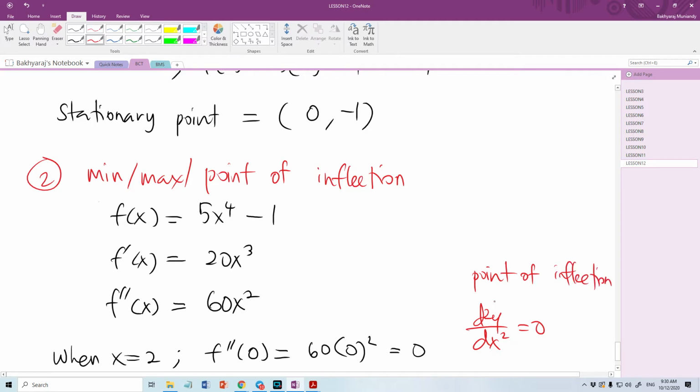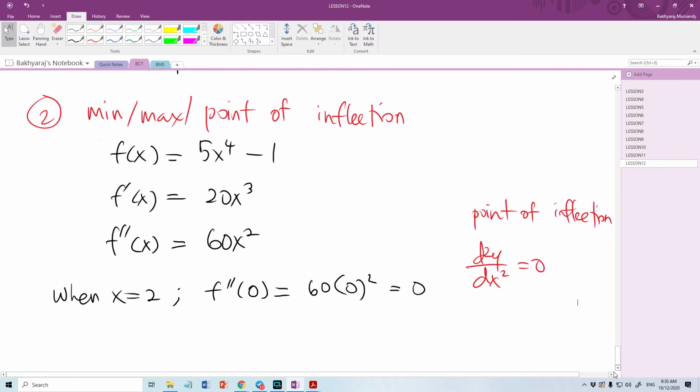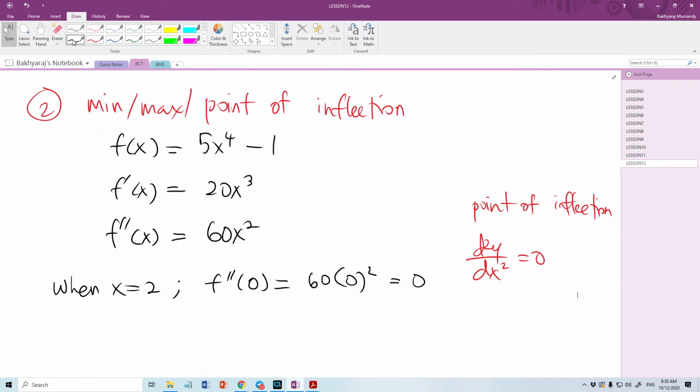Okay, it's an inflection point. Now in that case, my conclusion will be 0, -1.